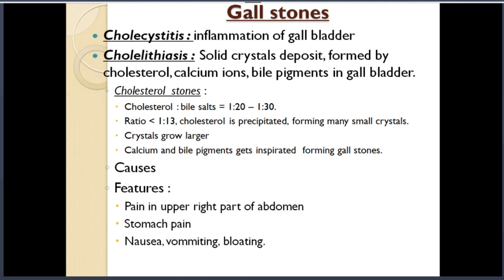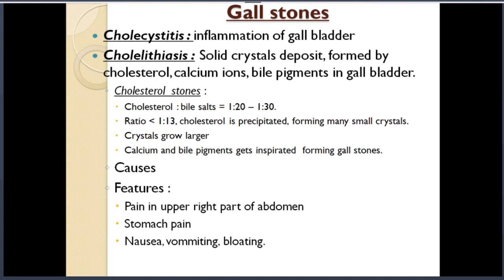So there could be many reasons. Maybe there is decrease in bile salt production that will hamper the ratio, and that will cause precipitation of cholesterol. Maybe the bile salts content is normal, but cholesterol is present in excess, so that it cannot be metabolized easily. Maybe both are normal, bile salt content and cholesterol content, but the metabolism is hampered by the hepatocytes, and so the cholesterol gets precipitated.